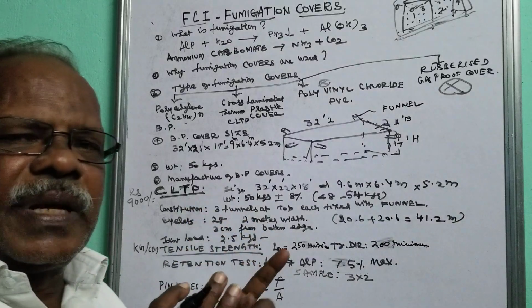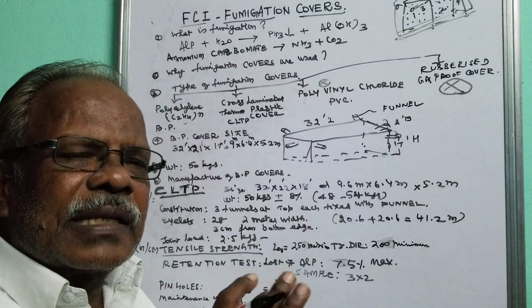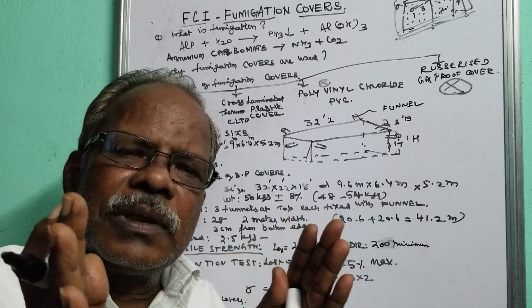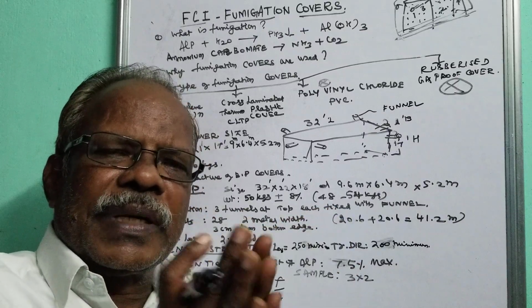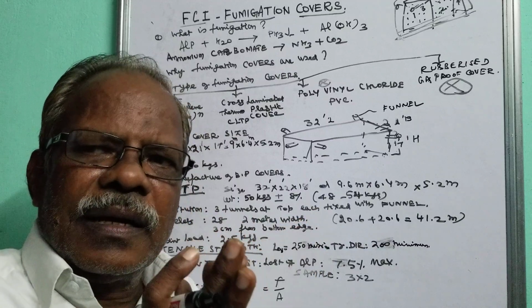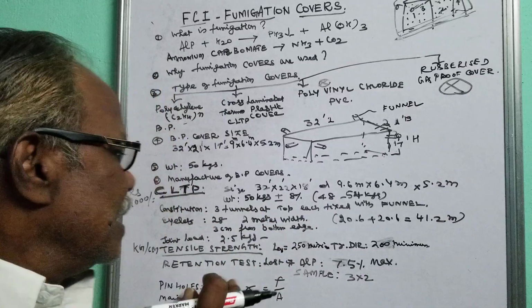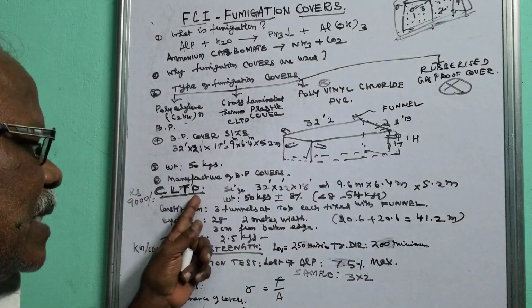By heating it melts and forms a sheet, that is the cross laminated thermoplastic cover.